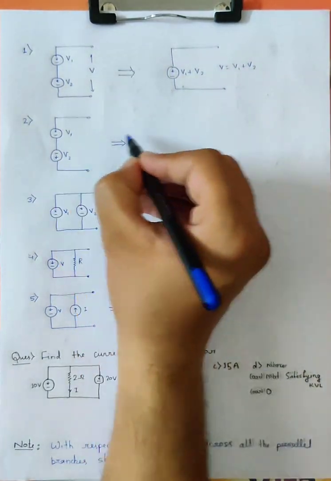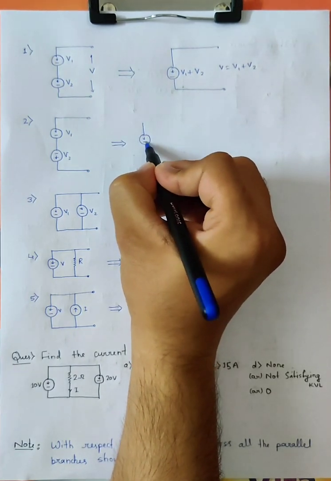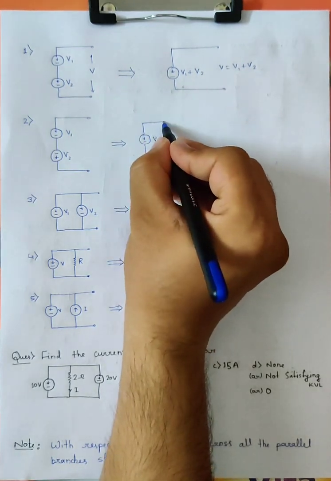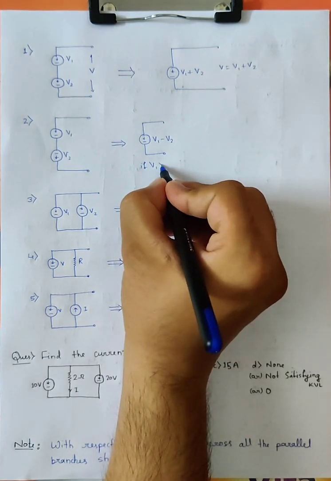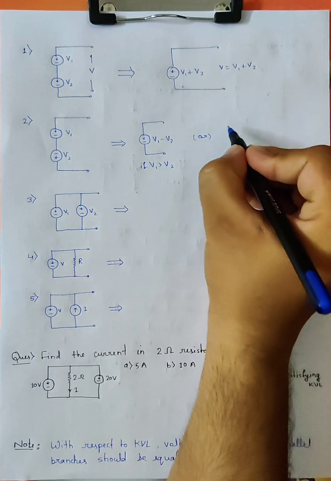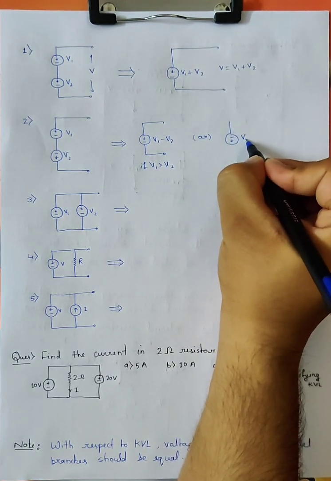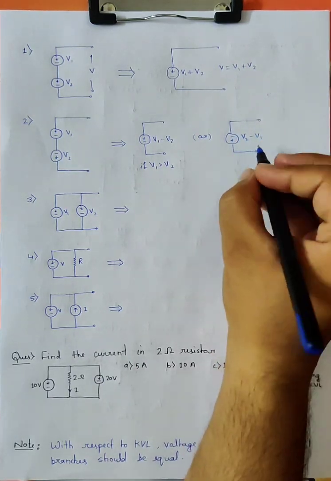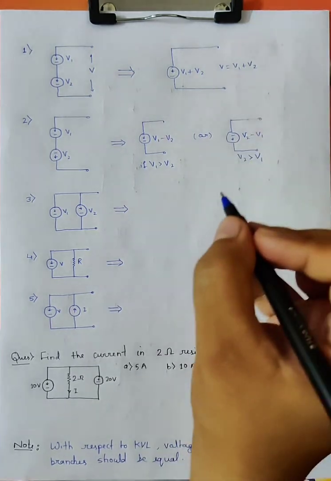In this case, the circuit can be drawn as V1 minus V2 if V1 is greater than V2, or V2 minus V1 if V2 is greater than V1.